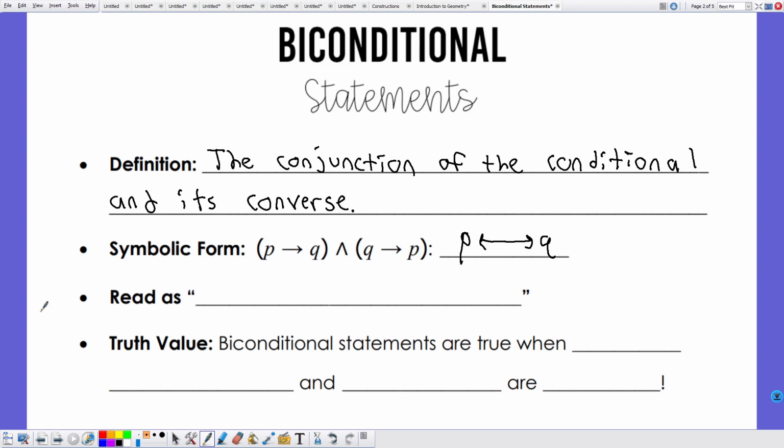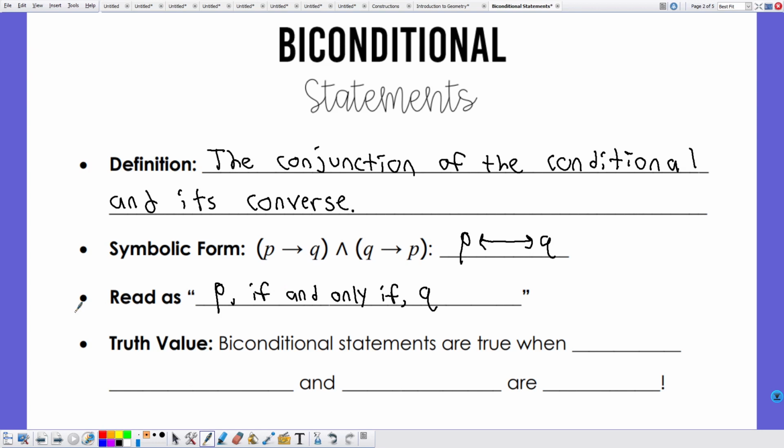So when we have this, the arrow going in both directions, we read that as P if and only if Q. So that's how it's literally translated. P if and only if Q.